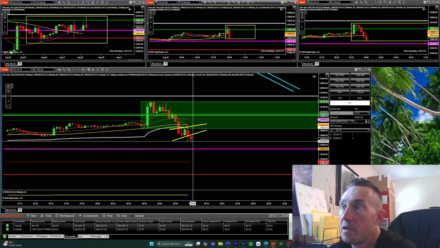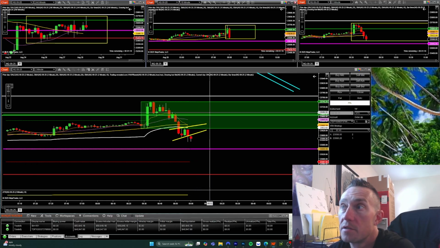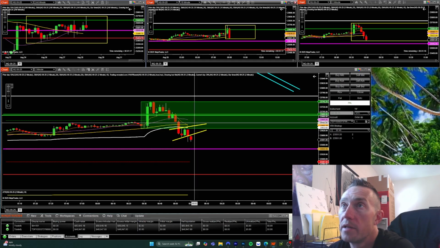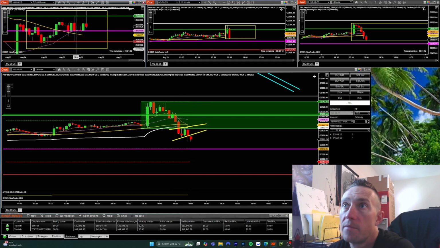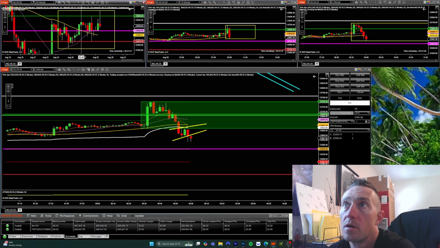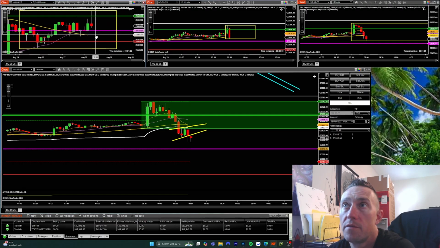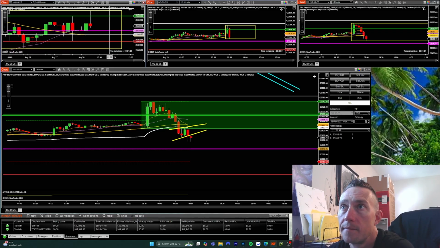So let's see if it actually does drop down, or if we get pushed back up into this opening range here. That's what you got to look out for, because if we're sitting on top of a strong level and it's holding as support, then you definitely don't want to be shorting down to that.